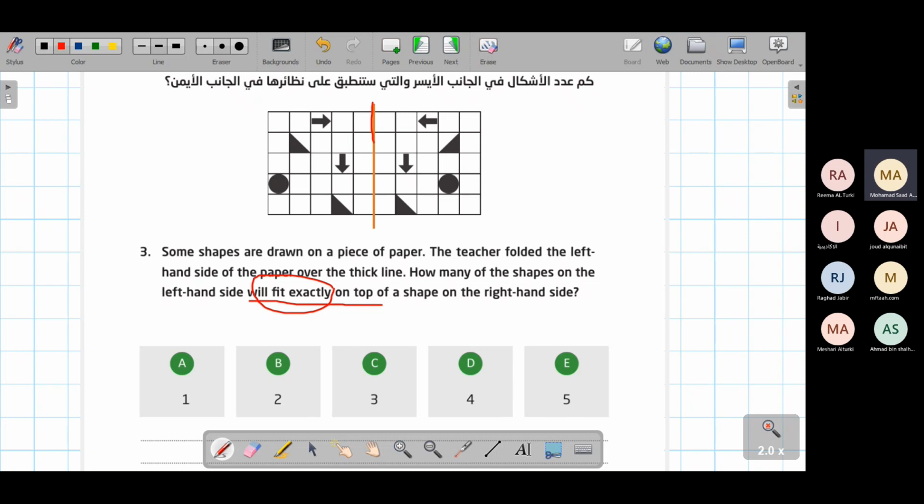Do you know what symmetric means? Yahya, what does symmetric mean? No, not a straight line.